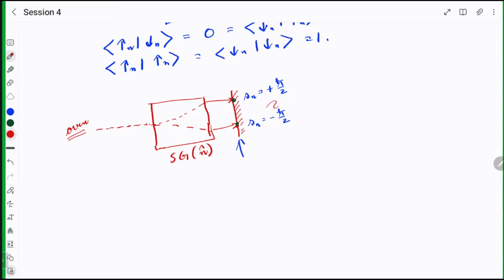Now let's say I remove the screen from here and only place the screen here, so that the other beam goes through. Then is it still a measurement? Can you explain how this is a measurement?